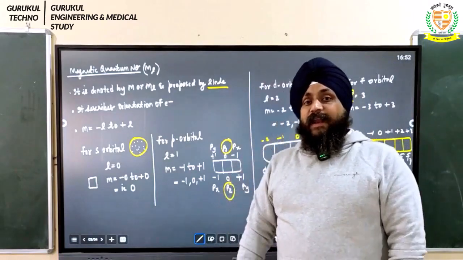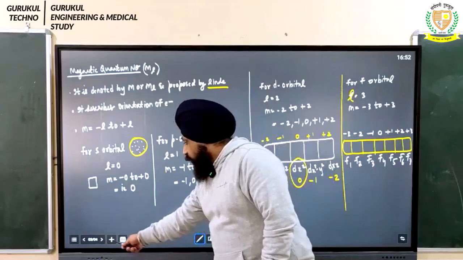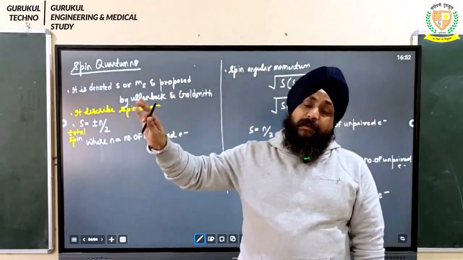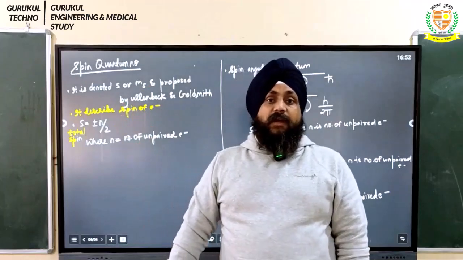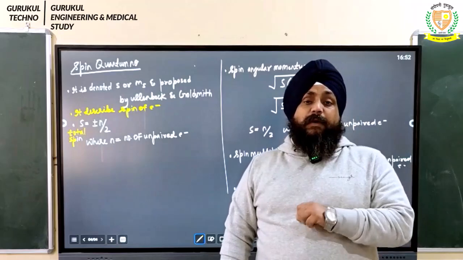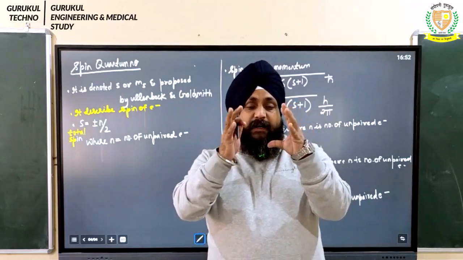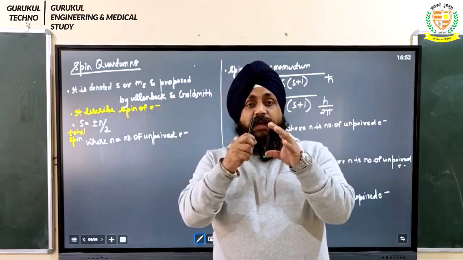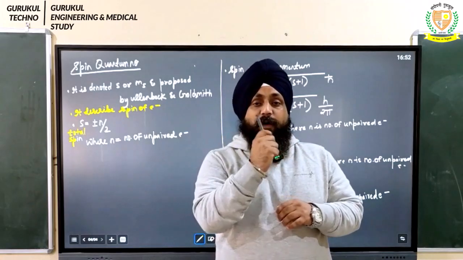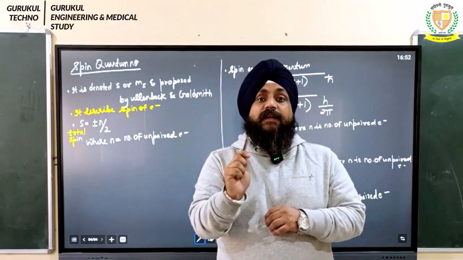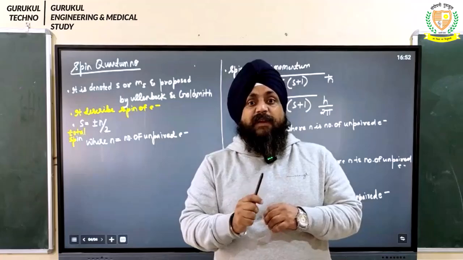Now the last quantum number which we are going to talk about is your spin quantum number. See this orbital students, it contains 2 electrons. If one is moving in clockwise, the other one has to move in anti-clockwise, then only their spin will get cancelled.